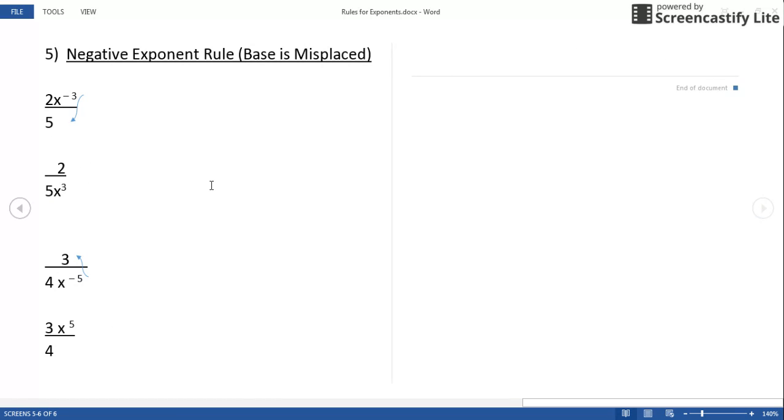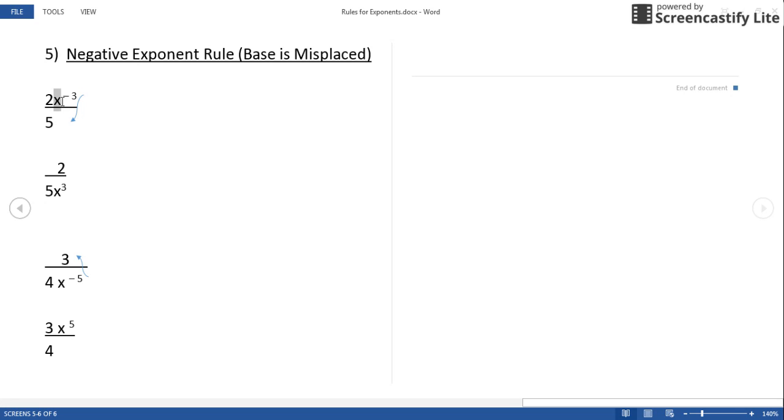The final exponent rule is the negative exponent rule, and it tells us that our base is misplaced. We should never leave a negative exponent. To fix it, we move whatever base it's attached to across the fraction bar, and then it will be a positive exponent. Remember that exponents only work on what is immediately in front of them. So for the problem that's here, the 2 is not in front immediately of that negative 3 exponent.